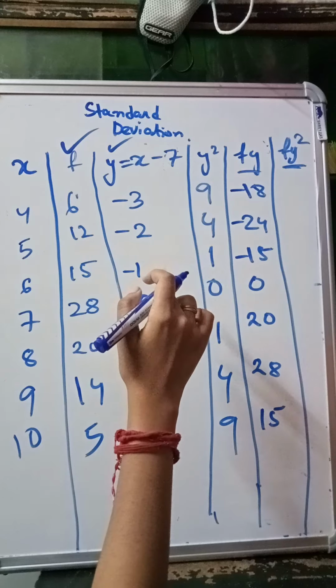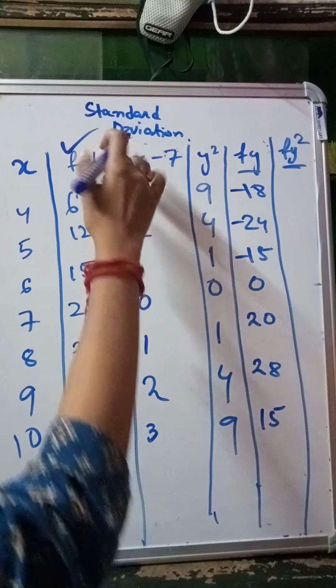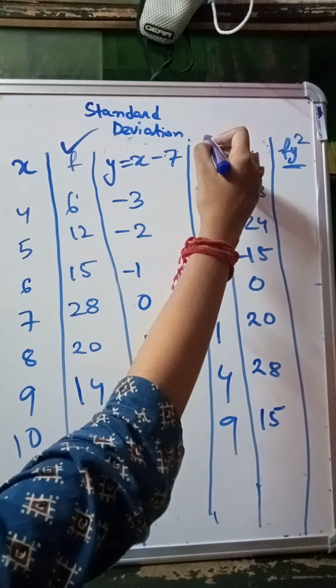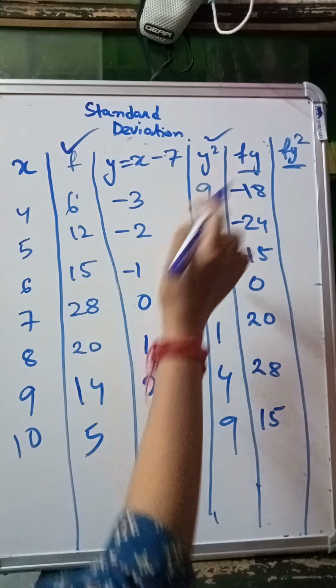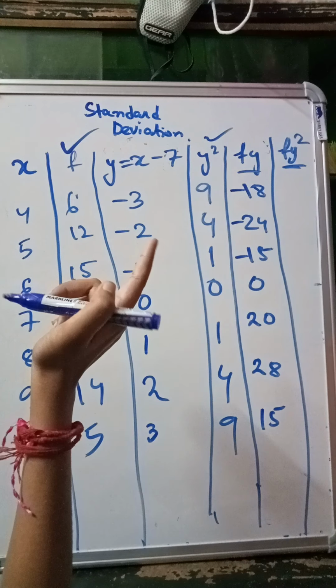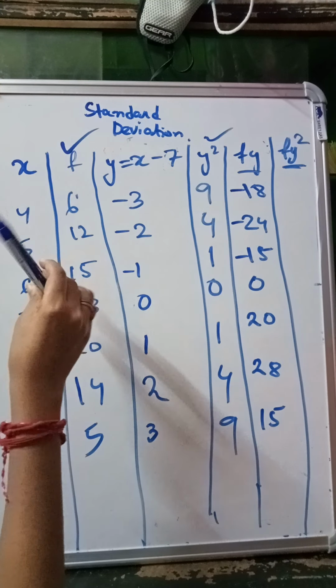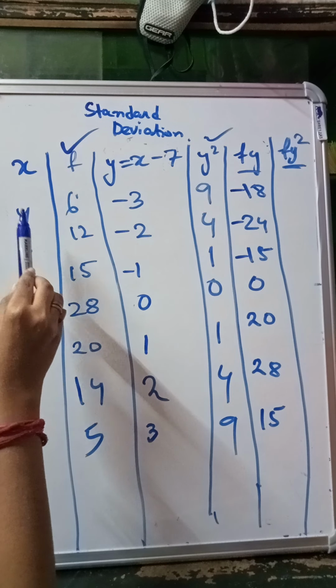Now fy square is this one and this one, 6 into 9. Now if we had not done that, we would have taken the squares of numbers like 16.